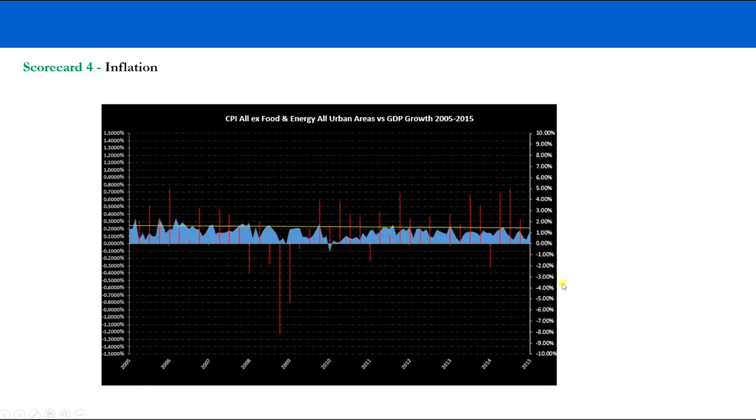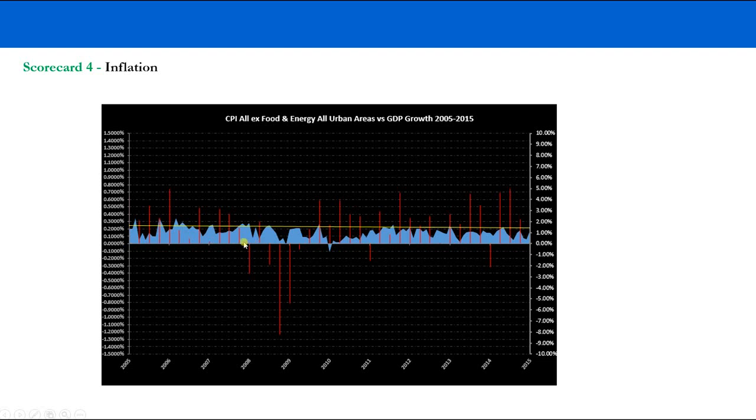We can also zoom in on this and have a look at the period for 2005 to 2015. And we can see very, very few deflationary situations over this period where we're not including food and energy prices.